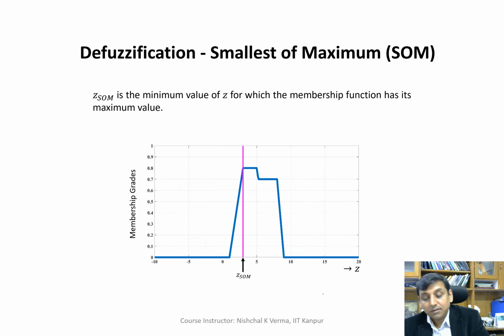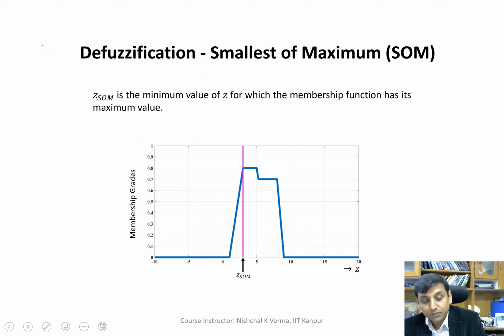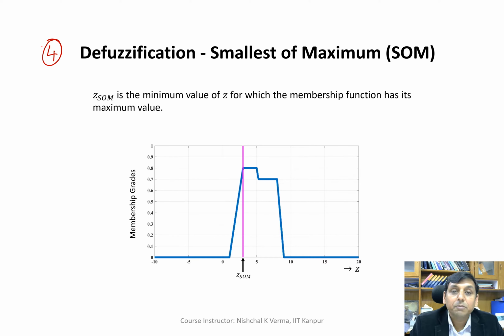Then comes the fourth one here, which is the smallest of maximum.